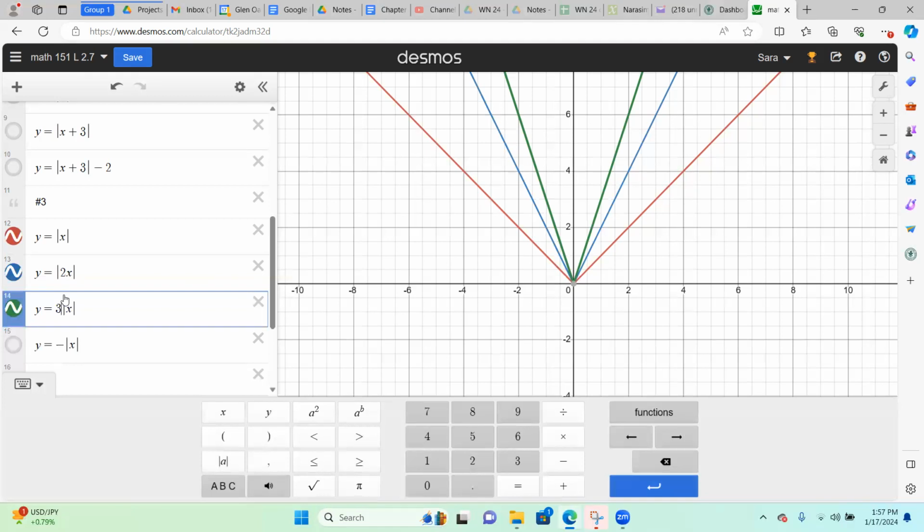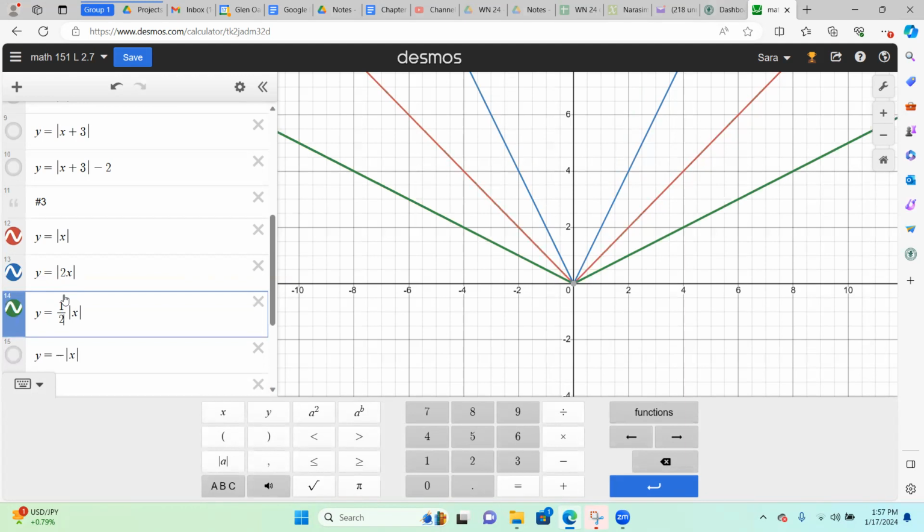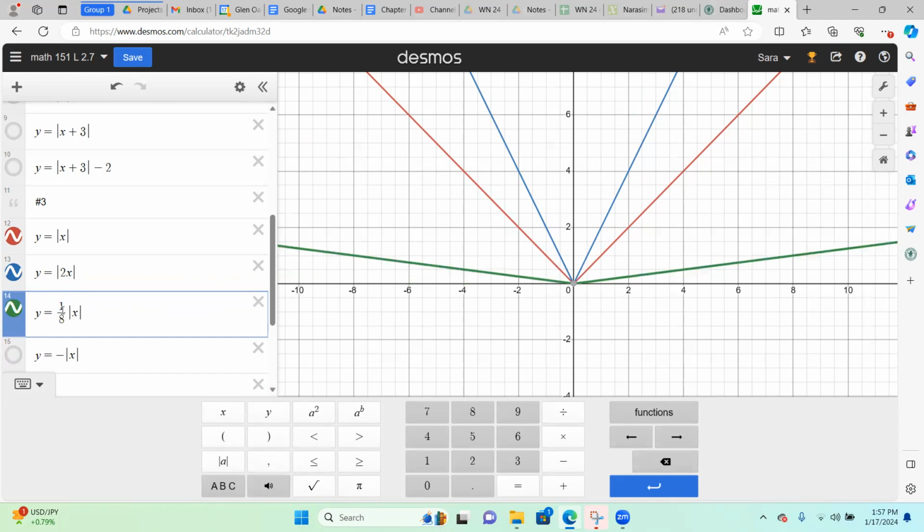Now, if I made that instead of a 3, a 1/2, something between 0 and 1, notice it opens up more like a wide V, more like a U or like a flower. When the fraction gets closer to 0, so if I made this 1/8, it gets even flatter, or 1/10, even flatter. So the smaller that scale gets toward 0, the flatter it gets.